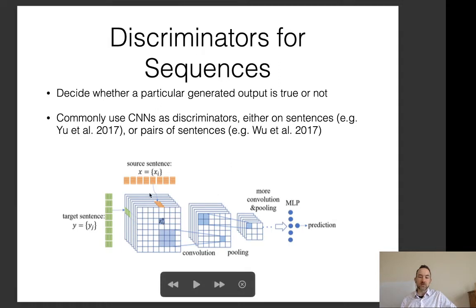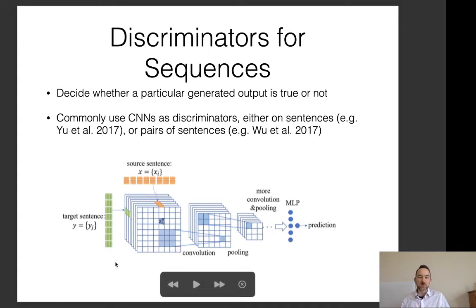However, I do think there's some benefit in knowing about the architectures that people use, because if you want to compare the source sentence and the target sentence with respect to whether it's true or not, the association between individual pieces of the source sentence and target sentence are rather important. So instead of just throwing everything into one big CNN or attention-based model, you might also want to consider things that look pairwise at the source sentence and the target sentence.